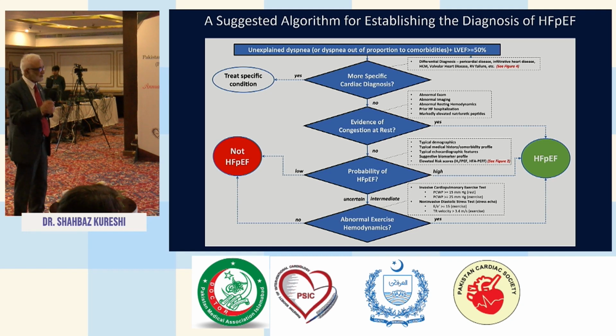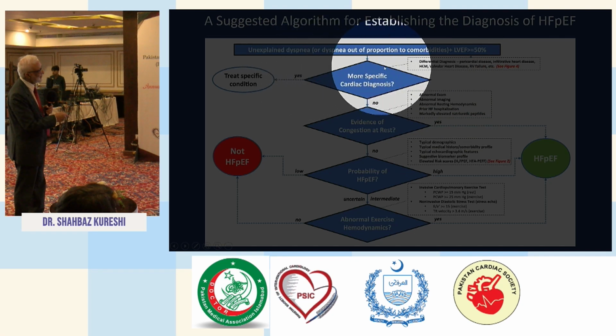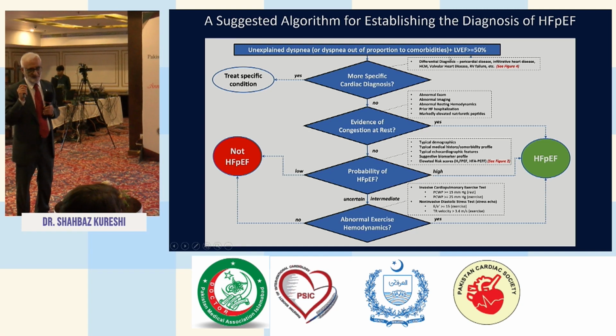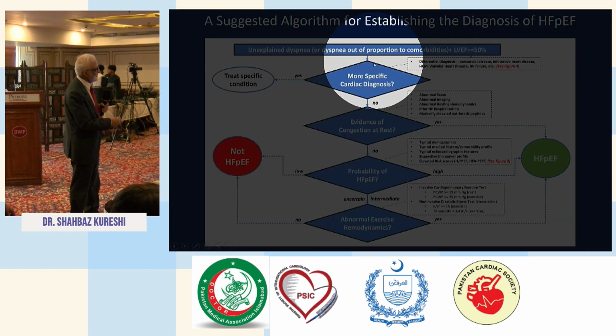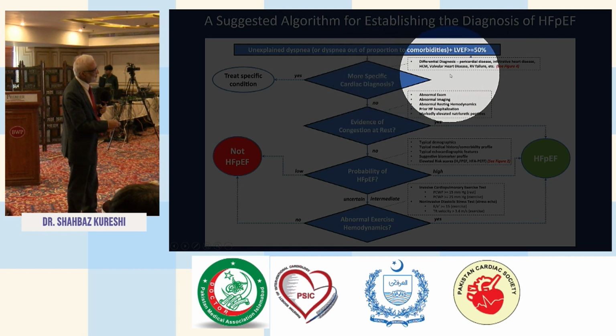This is the suggested algorithm for establishing the diagnosis: unexplained dyspnea or dyspnea out of proportion to comorbidities. Have a high index of suspicion. Then you have a more specific cardiac diagnosis.